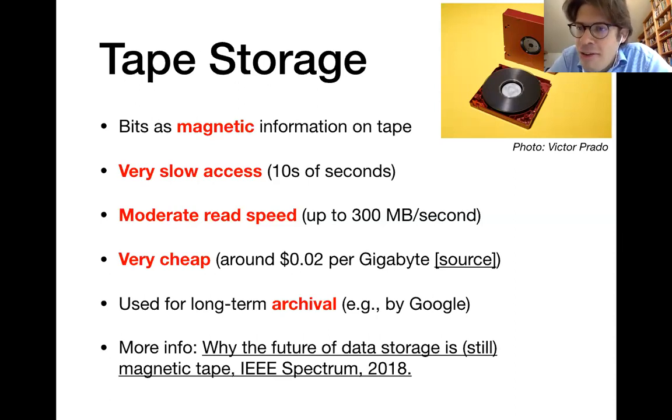Those tapes store bits as magnetic information on the tape. Once you have positioned your tape at the correct position where the data you are interested in is located, you can get quite reasonable speeds for reading and writing data. It's not going to be fast, but it's not going to be terrible either.